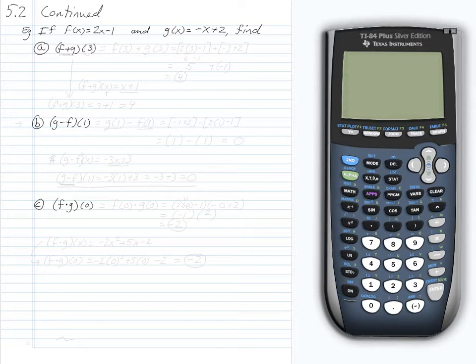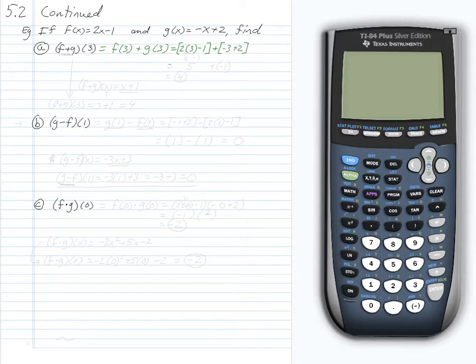So if we would like to know what f plus g of 3 is, we could use the definition which says that f plus g of anything is f of that value plus g of that value. And now we know that f takes 2 times 3 minus 1, and g of 3 is going to be negative 3 plus 2.